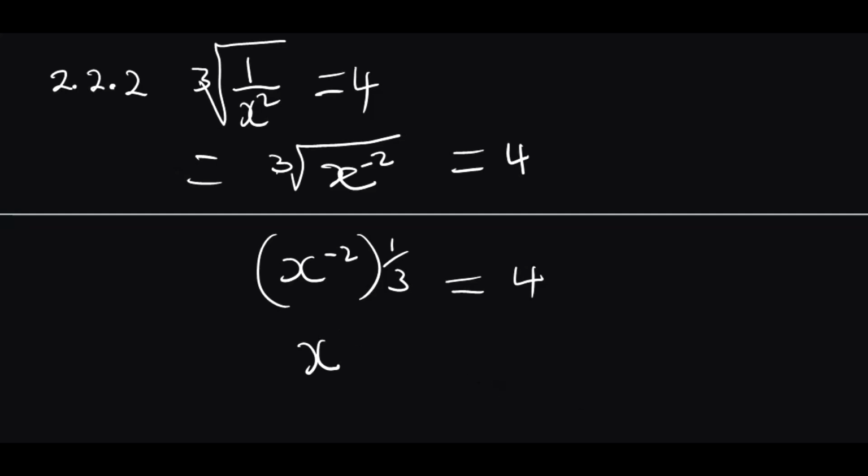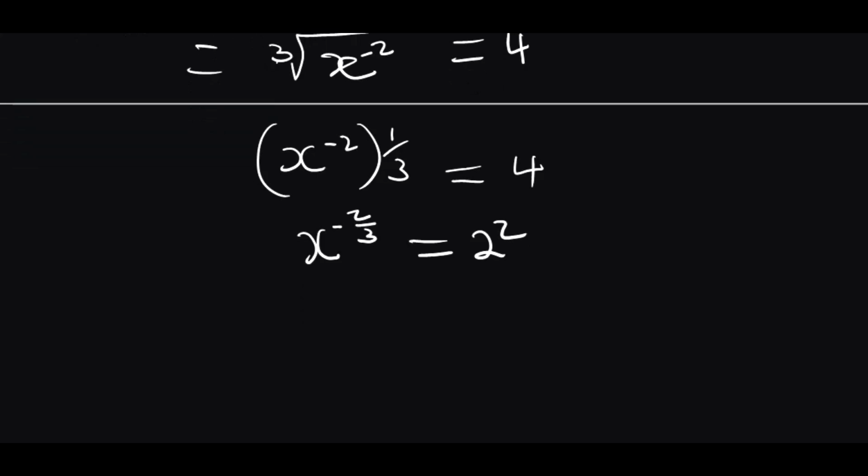Should be clean. Alright, now we will have x to the power negative 2 over 3 equals to, we can change this 4 and write it as 2 to the power 2.